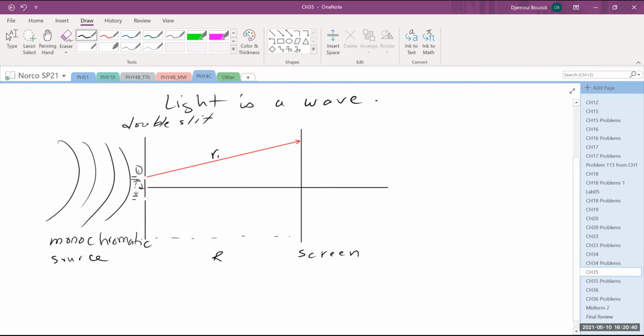This is slit 1, and this is slit 2. Light coming from the second slit would travel in a similar fashion and meet that light at the same point, but traveling a distance R2 rather than R1.